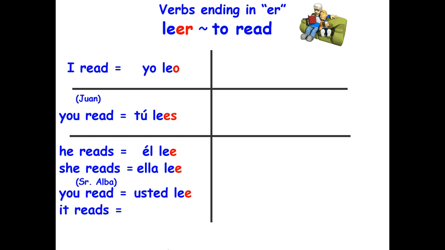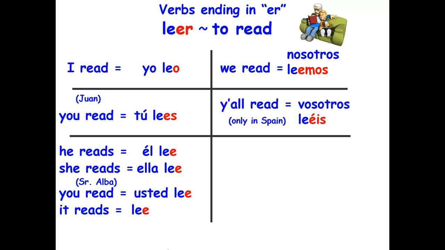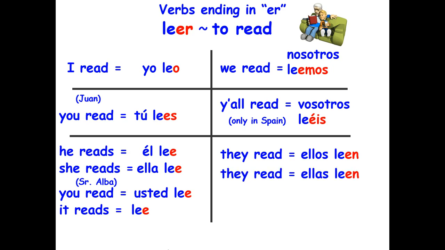It reads, like the computer reads data, lee. We read, nosotros leemos. Y'all read, vosotros leéis. They read if it's guys or guys and girls, ellos leen. They read if it's girls only, ellas leen. All of you read, ustedes leen. Leo, lees, lee, leemos, leen.